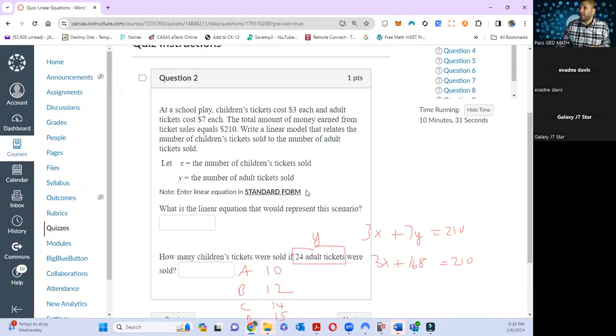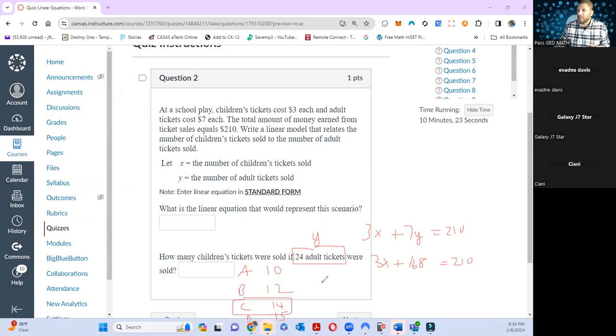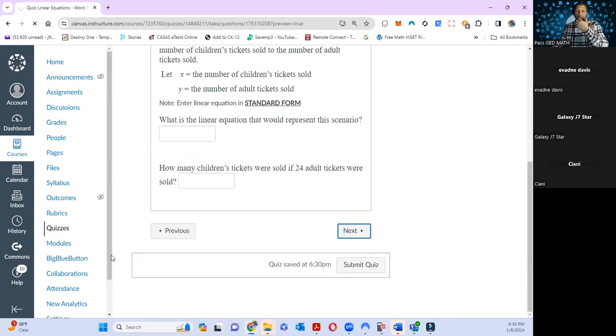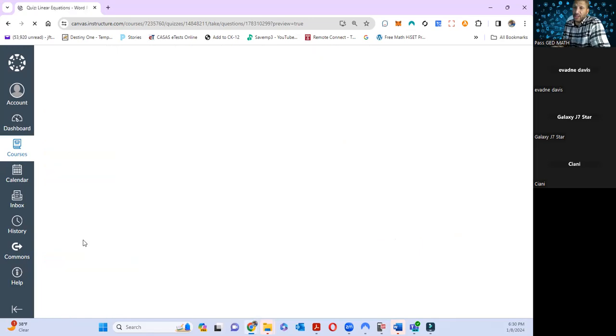But that's how you would do that problem. So C, the number of children's tickets sold, would be 14, and that's without solving it algebraically. That's using multiple choice. Again, you have to be prepared to answer every question.